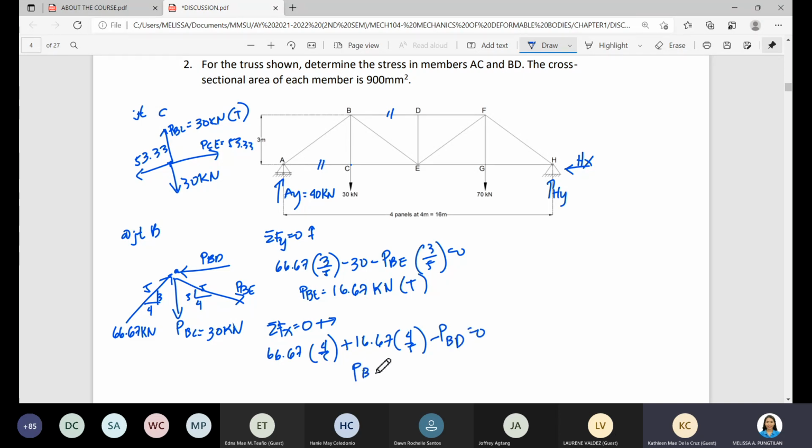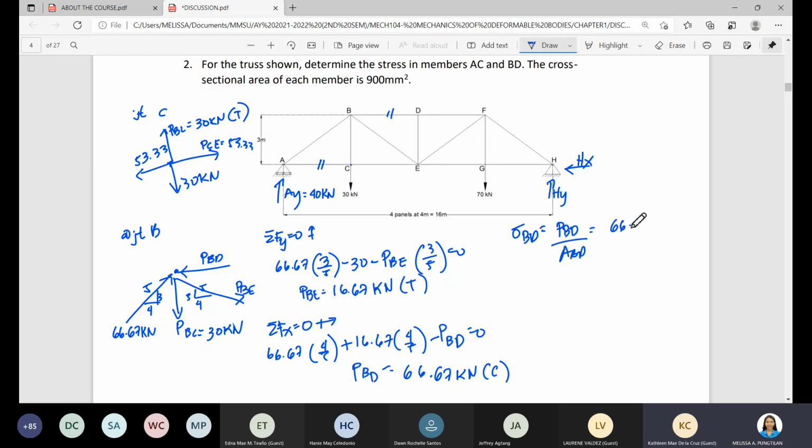So yung ating force BD, so the force BD is equal to 66.67 kilonewton in compression. So the stress at member BD is equal to force BD all over the area.